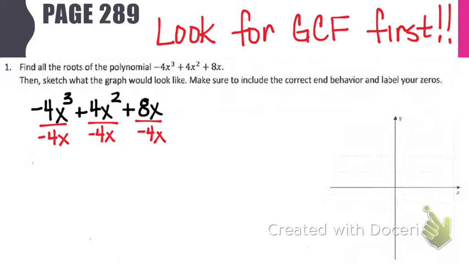You would just have to do the quadratic formula, which is fine. You still get the same answers. So let's take out our negative 4x and write what you have left in parentheses. After you divide all 3 terms by negative 4x, what do you have left? So go ahead and do that.